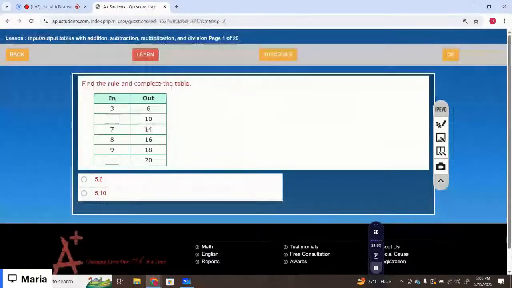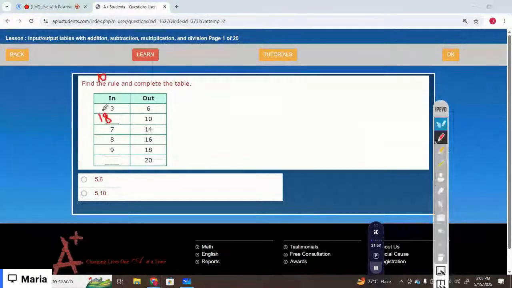Find the rule and complete the table. So here we have 3 and 6, then the missing number 10, 7, 14, 8, 16, 9. So basically 3 times 2 is 6, 7 times 2 is 14, 8 times 2 is 16, and 9 times 2, right? So what number times 2 is 10? That is 5 times 2 is 10, and 10 times 2 is 20.